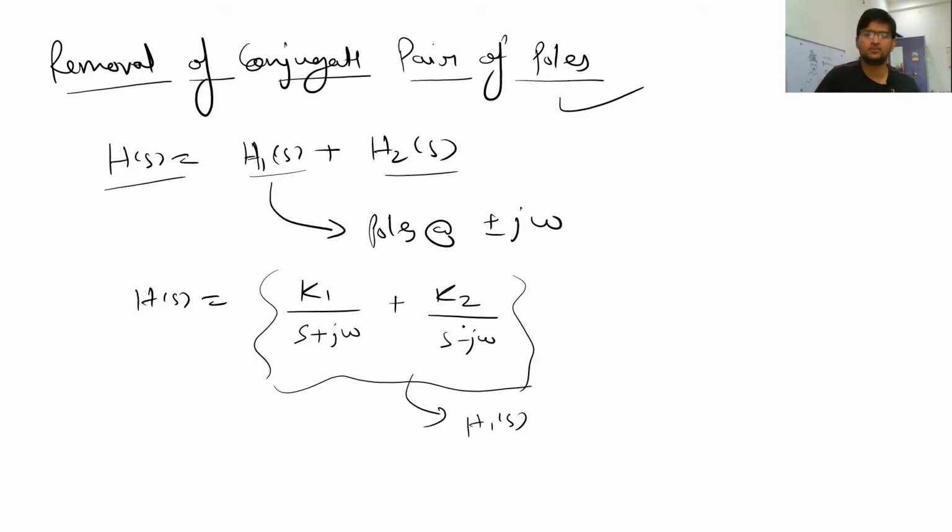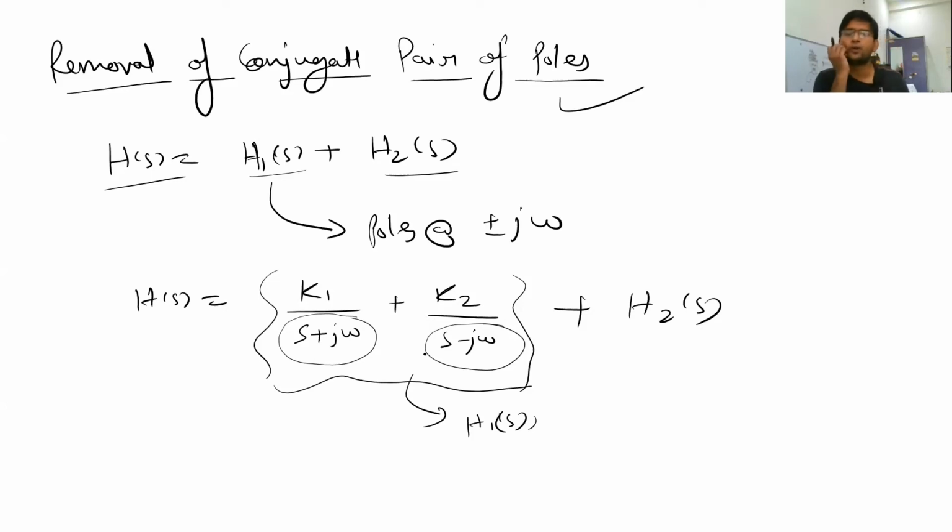This K1 and K2 are just constants I have taken. So all we want to deal with are these poles, which are complex in nature and conjugate, and then obviously H2(S). So how do we remove this from the polynomial we have, which is H(S)?